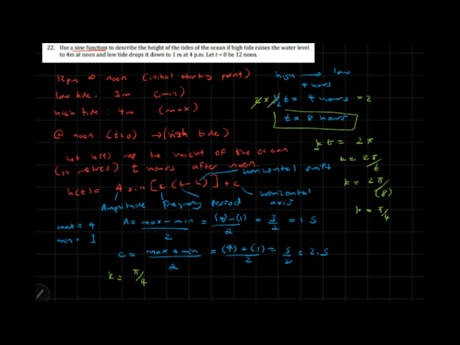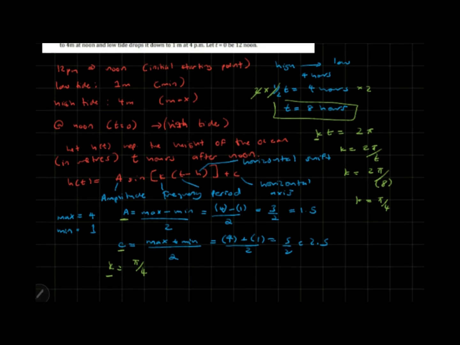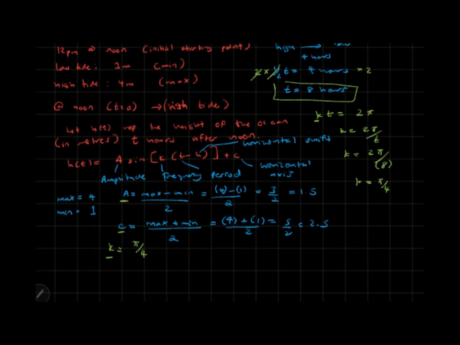And in that sense, you basically have your amplitude, your horizontal axis, your k value. Now all you got to do is solve for your h value. This is what our function looks like so far. h of t here is equal to a, which is 1.5, sine k, which is pi over 4, t minus h, plus c, which is 2.5.